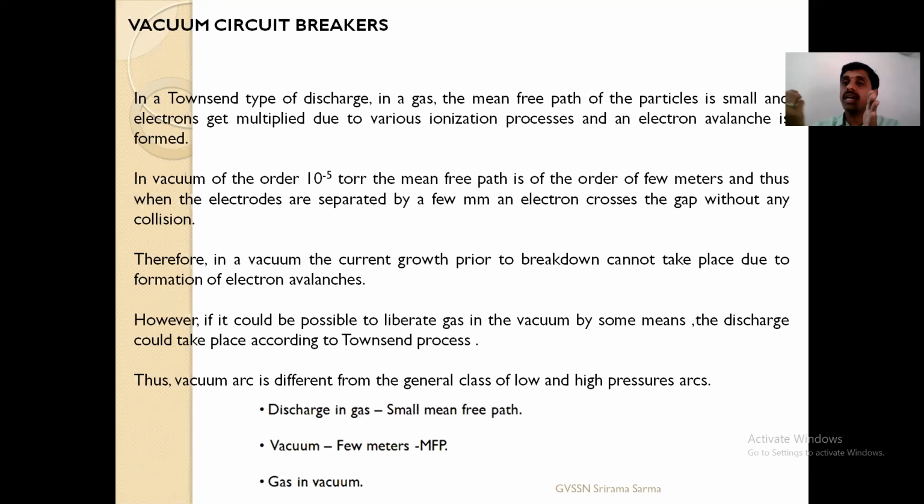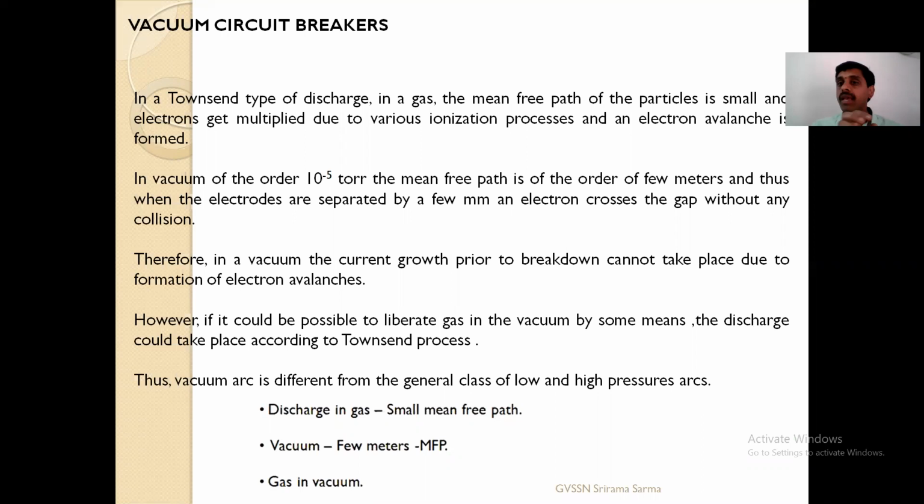That means avalanche breakdown is not possible. If the mean free path is less, there is a possibility of collision of electrons with molecules, and other electrons will be formed. Like this, repeated bombardment produces more electrons, which is called avalanche breakdown. That generally happens in normal gas, in normal air.